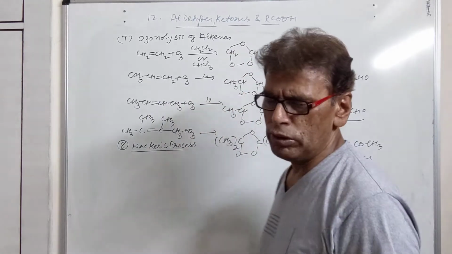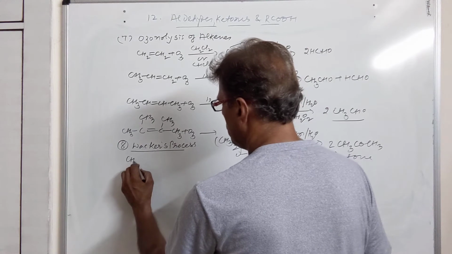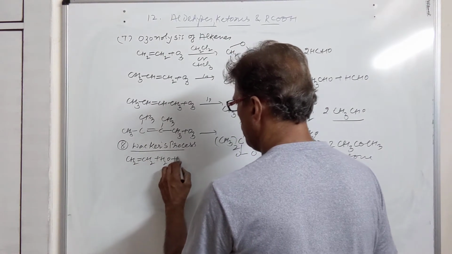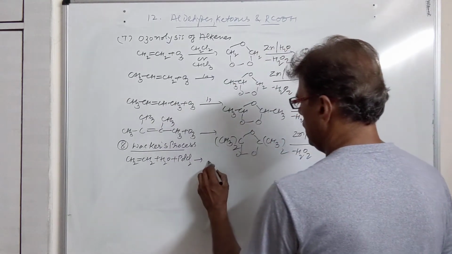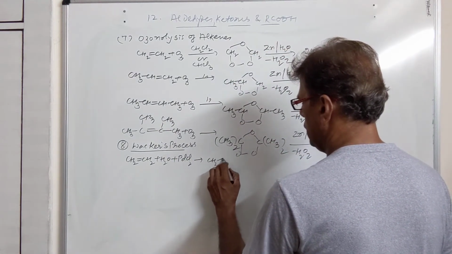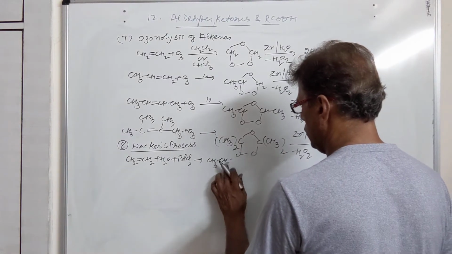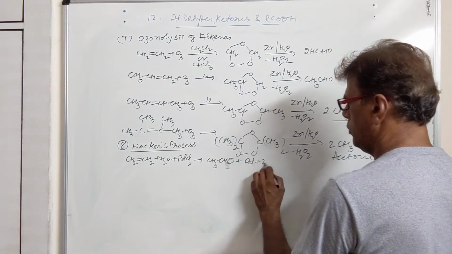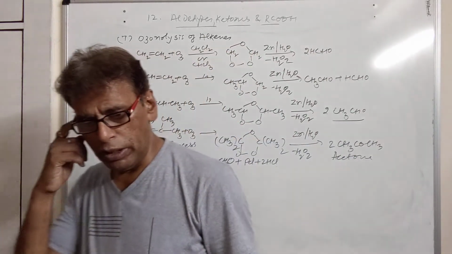In Wacker's process, what is done? We take ethylene treated with water in the presence of PdCl2. We get CH3CHO plus Pd plus 2HCl. This is the product obtained here.